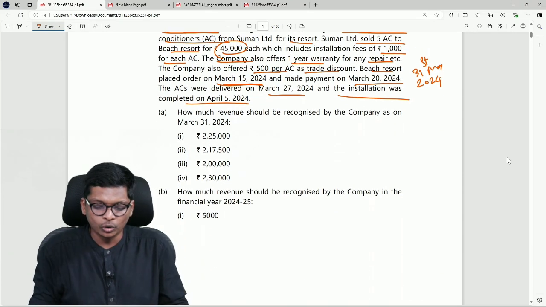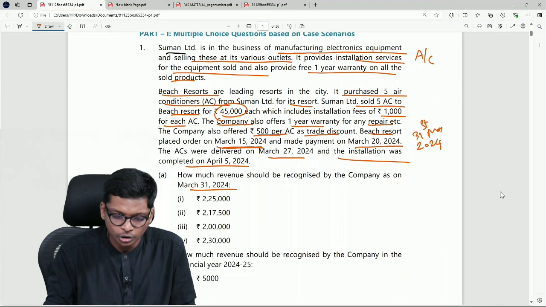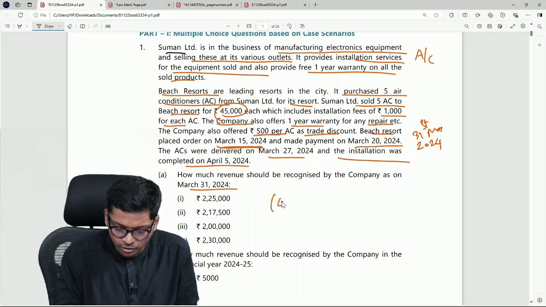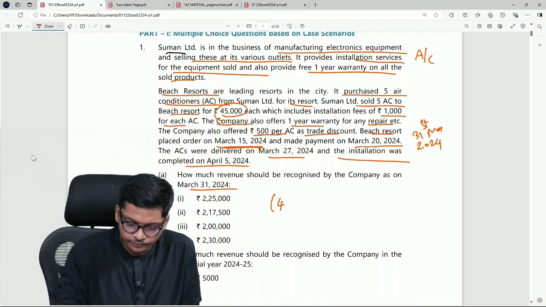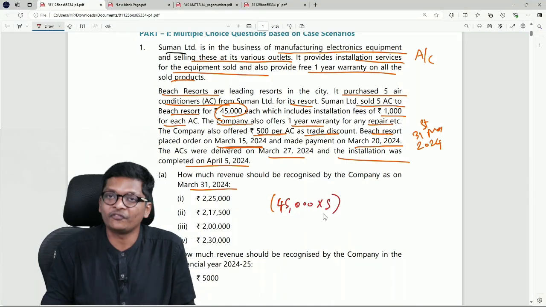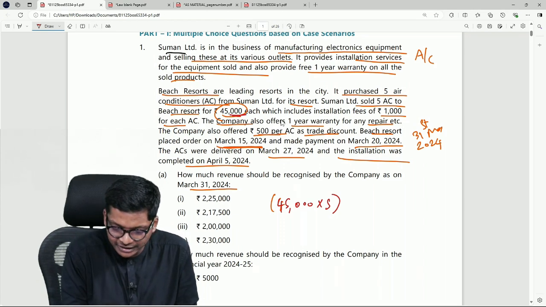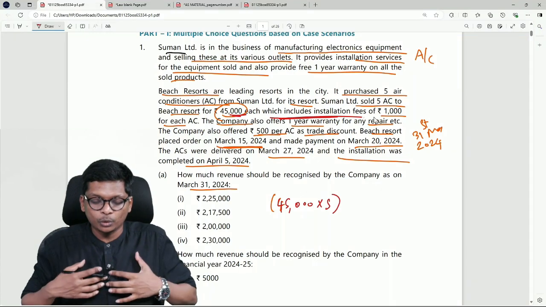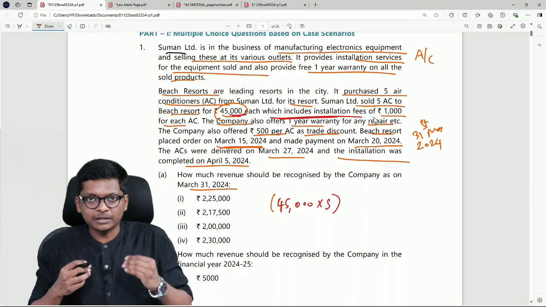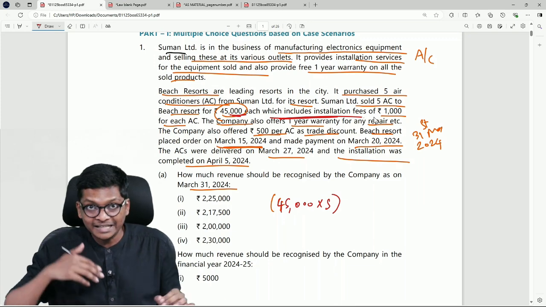Let's quickly go and solve this question. How much revenue should be recognized as of this day? Look at this. Each AC is for 45,000 rupees, so each AC is 45,000 into 5. And they are also saying this 45,000 includes installation. Now in this question, goods are sold this year, but installation is happening only next year.